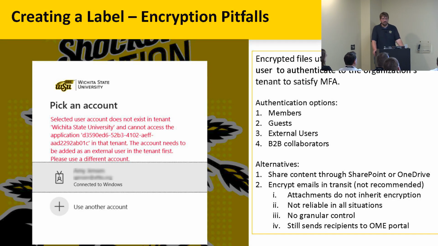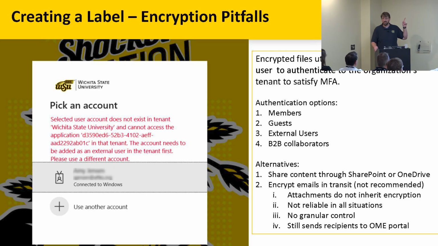In addition to that, if you were to send an attachment in an email, and that attachment was encrypted with one of your encryption labels, that recipient can download it, but if they try to open it, it will ask them to sign in, and if they do not exist in your tenant, they will get this error.